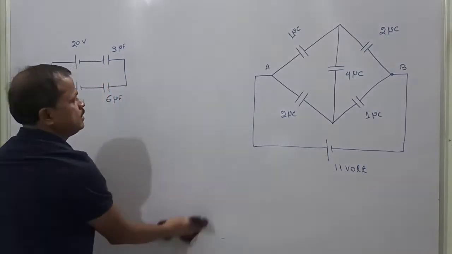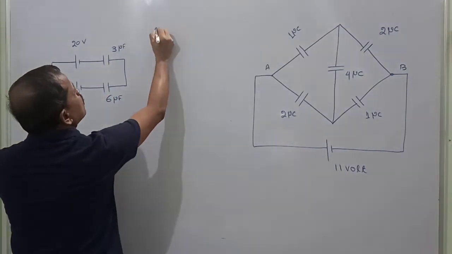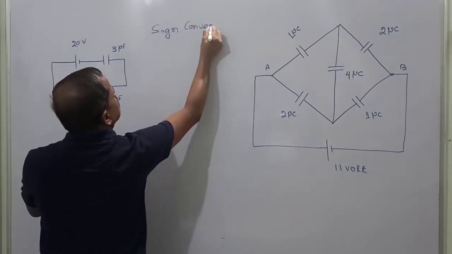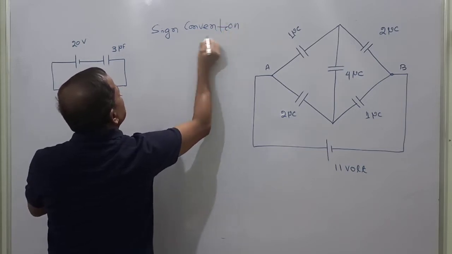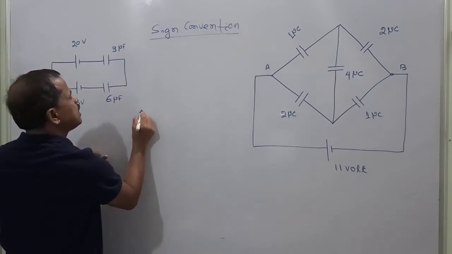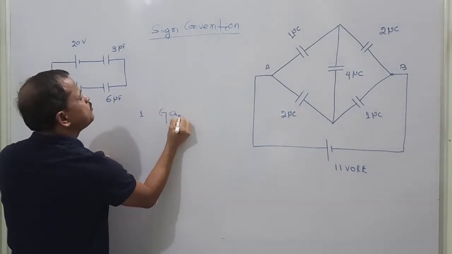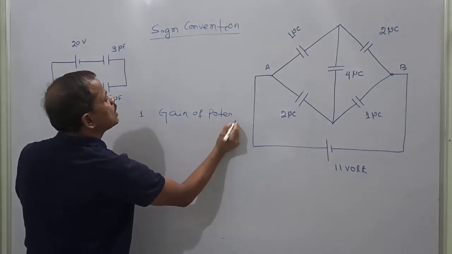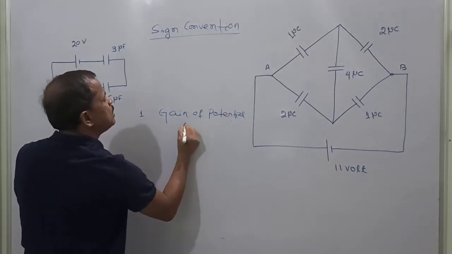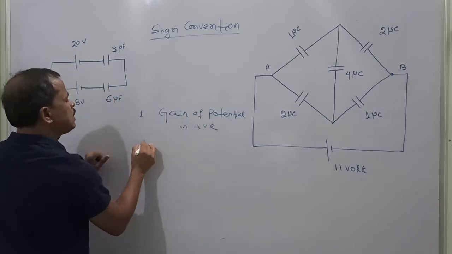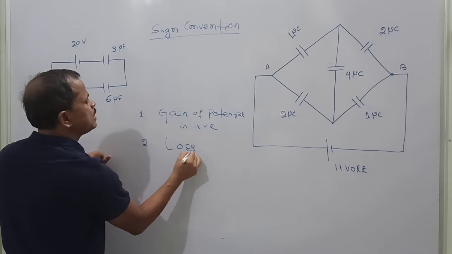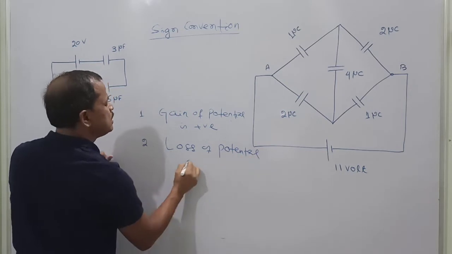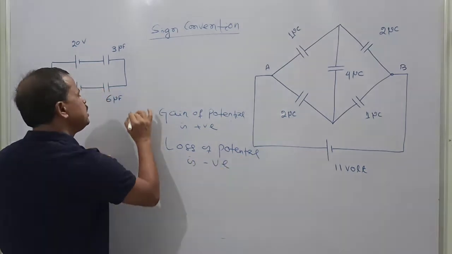It is a very simple sign convention from the basic principle: gain of potential is positive, and loss of potential is negative. These are the two sign conventions.